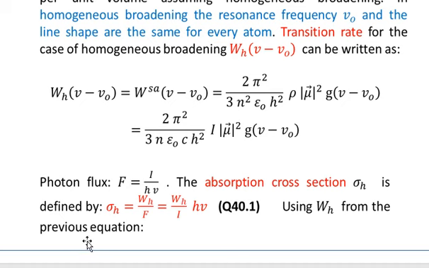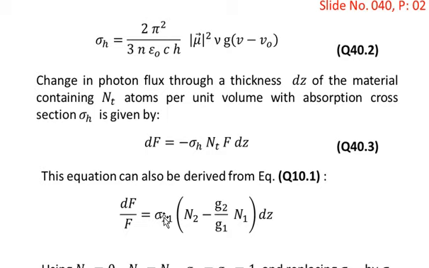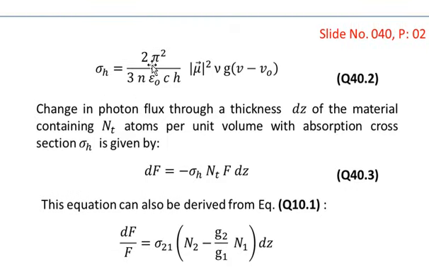Using WH from the previous equation, sigma h is equal to 2 pi squared over 3 n epsilon naught c h times the absolute square of mu multiplied by g of nu minus nu naught, as given in equation 40.2.